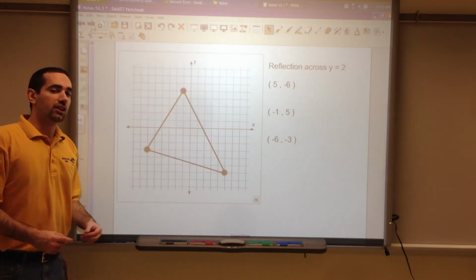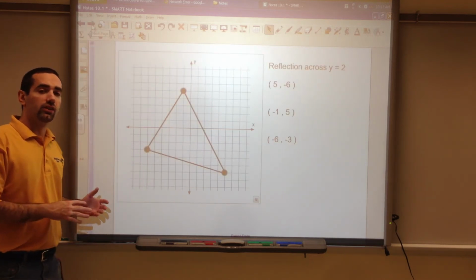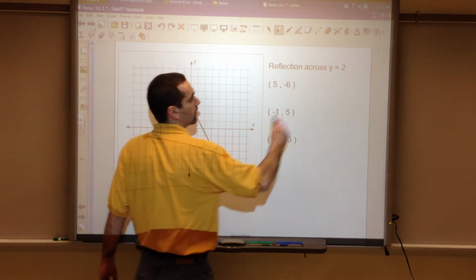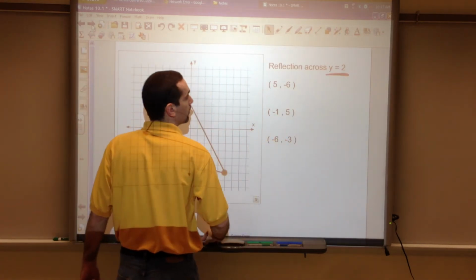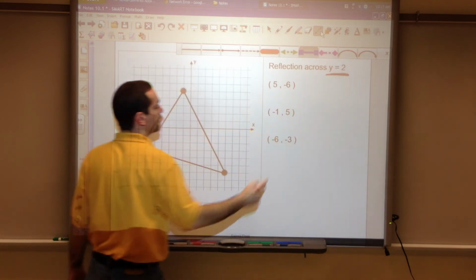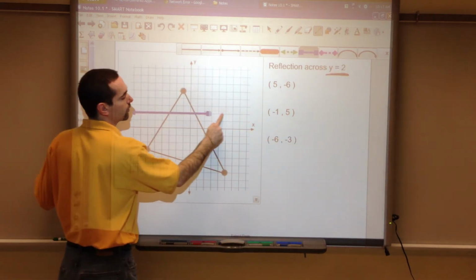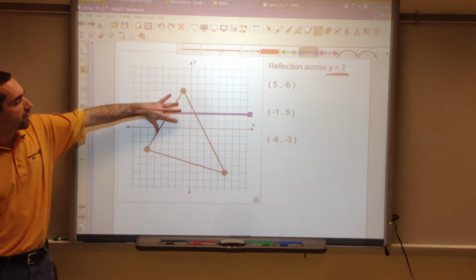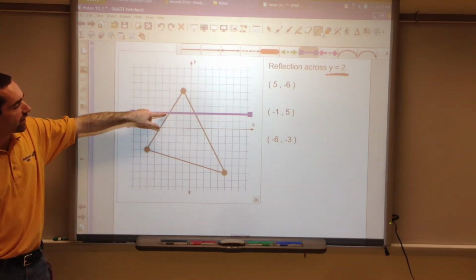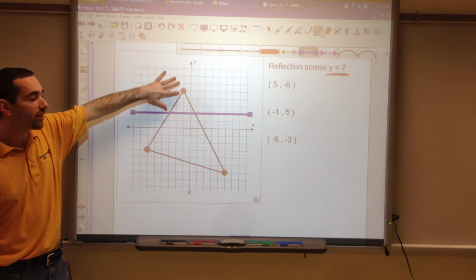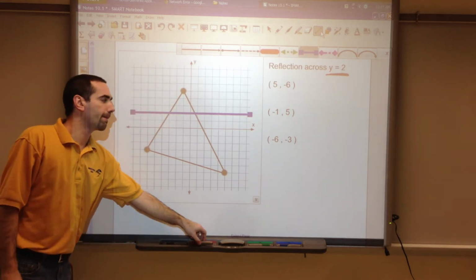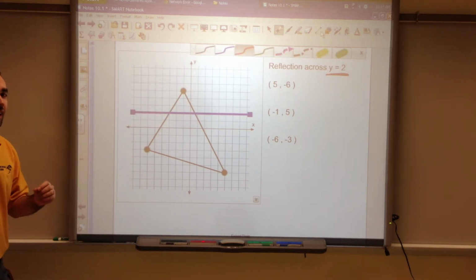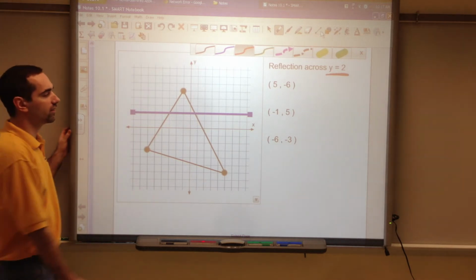Now we're going to do a reflection across not one of those lines, but the line y equals 2. The line y equals 2 is right here. Notice it's reflecting the image across this line, and we got some points on the bottom, some on the top, and that's okay. I'm going to use that distance idea to make my life easy.